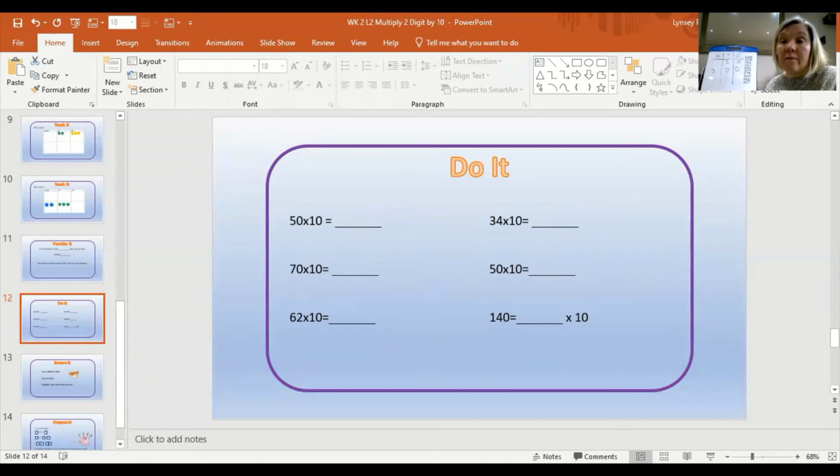I want to see some place value charts. Maybe you're looking at whiteboards, okay? Or maybe you just do it on your piece of paper showing that things are getting 10 times bigger. But I want some proof on your do-its that you know how to make things 10 times bigger, that you understand. Pause your video here and off you go to do your do-it.